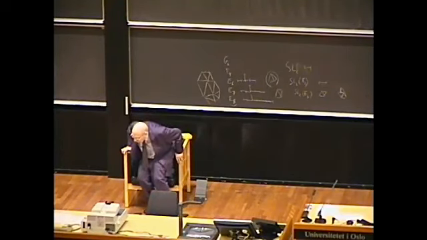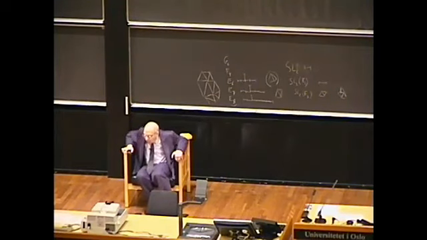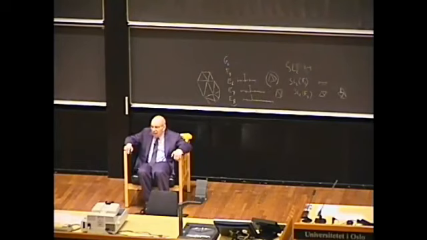Anyway, I had the problem of constructing the group E8. If I want to construct the group E8, as I told you, the only thing I know is this Dynkin diagram. And this diagram tells me how to piece up the chambers.